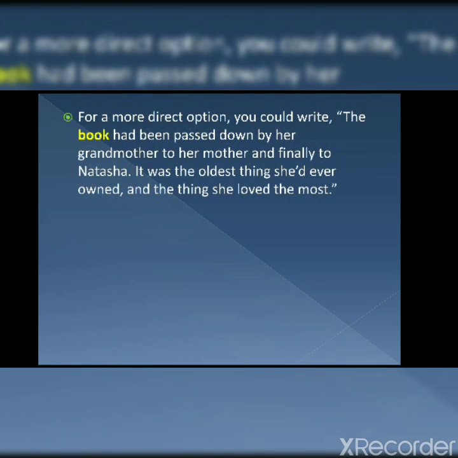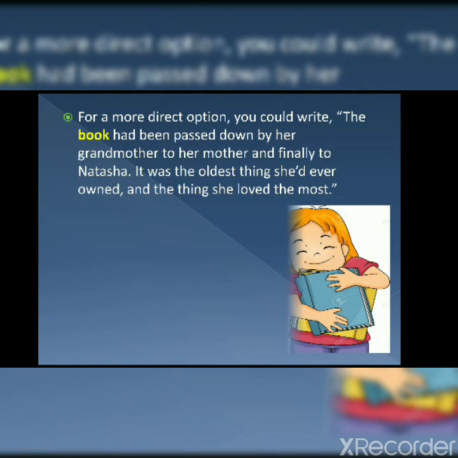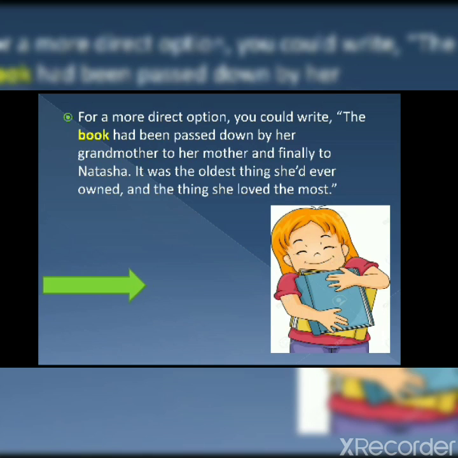Let us take one more example. For a more direct option, you could write, the book had been passed down by her grandmother to her mother and finally to Natasha. It was the oldest thing she'd ever owned and the thing she loved the most. So when we are writing it directly, we are just saying the book had been passed down by her grandmother.